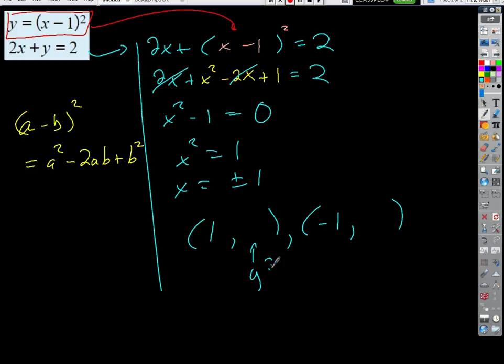Say it again. I know you know this, Shane, I guarantee you do. So if I wanna figure out what the y is that goes with an x value of 1, I can use either one of those equations, really, right? How am I going to figure out what y goes with an x value of 1?